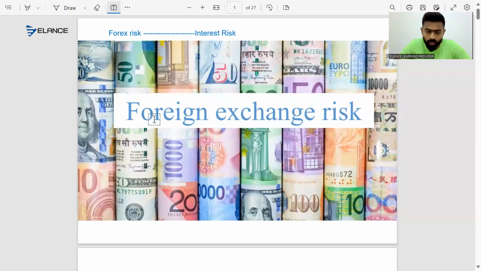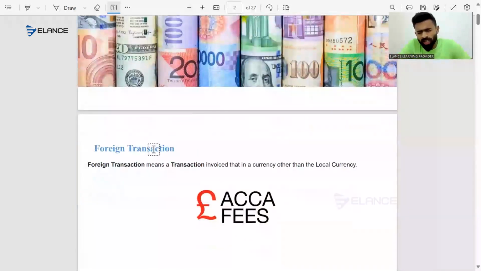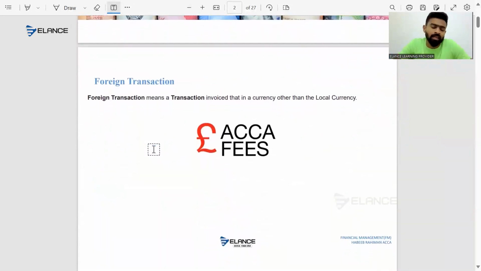So we are starting with forex risk. Using forex risk itself, we could clear the majority of the theoretical questions. Foreign exchange risk is regarding the change in forex rates. Think about the ACCA exam fees.